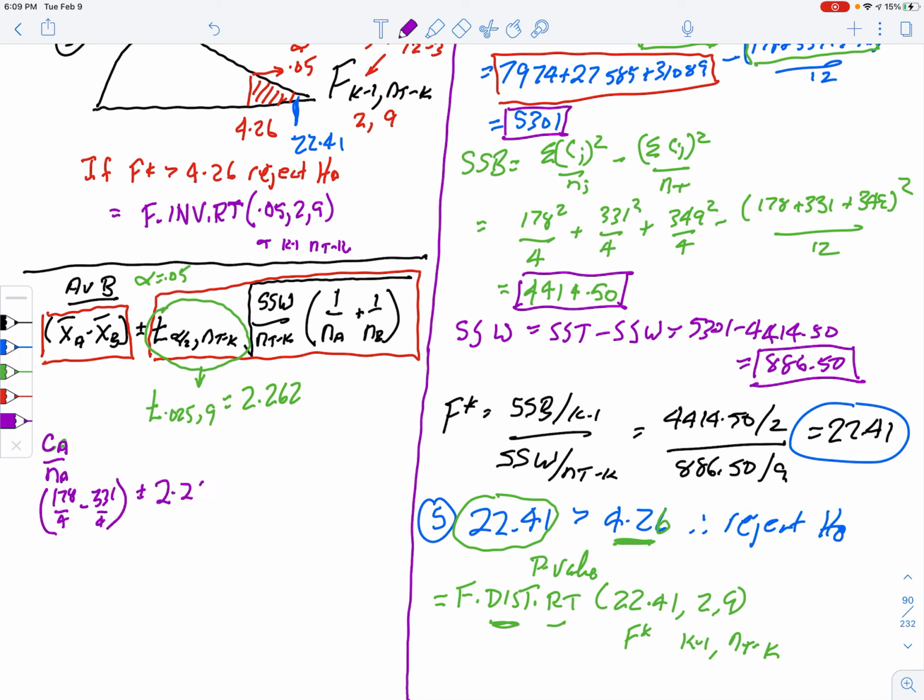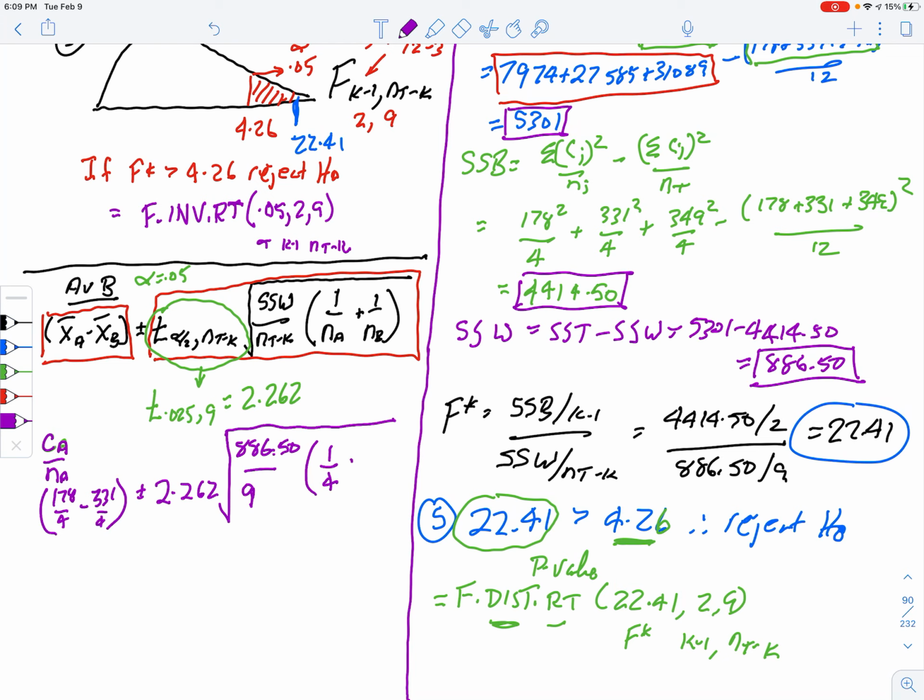plus or minus 2.262 times the square root of SSW. We've calculated the SSW to be 886.5 over, not 12, 9. That's NT minus K, which is 9.